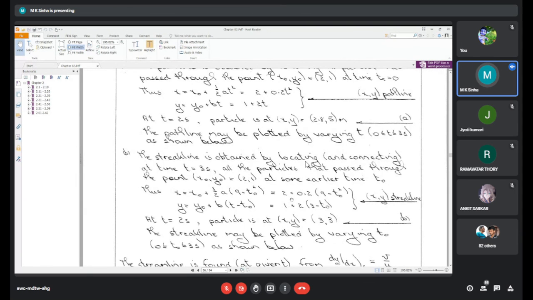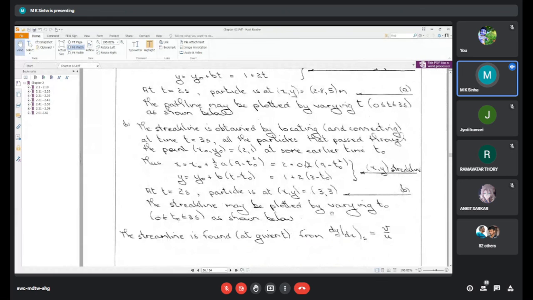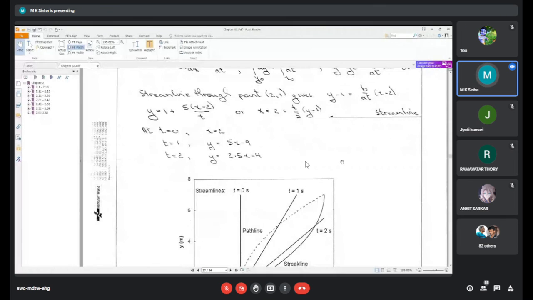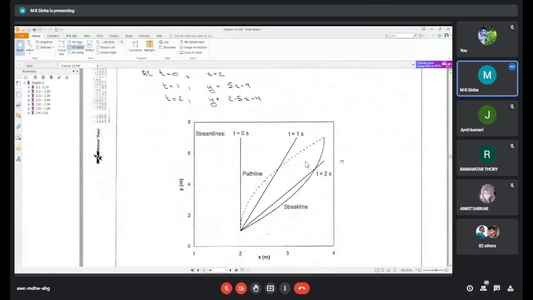So the streak line comes from the earlier time, whereas the path line comes in the present time. The streak line may be plotted by varying t0, and t and t0 are supposed to be in the same range. And this is the streamline, you might know, and this is your plot.